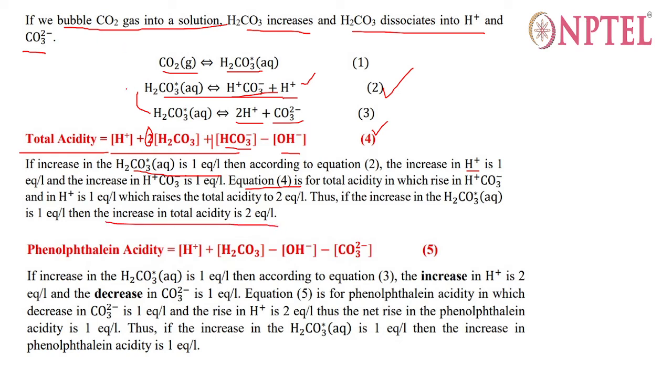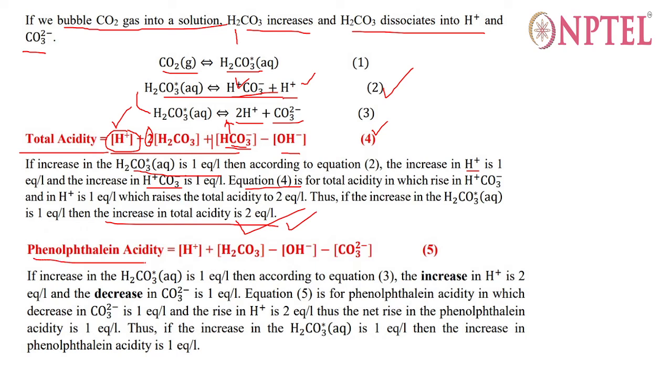So if we increase H2CO3 by 1 equivalent per liter, we get H plus increment as 1 equivalent per liter, and also HCO3 increment as 1 equivalent per liter. Here is one increment in this species and one in H plus. So the total increment is 2 equivalent per liter.